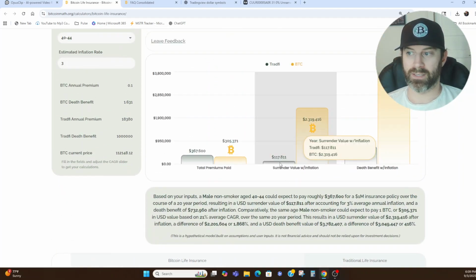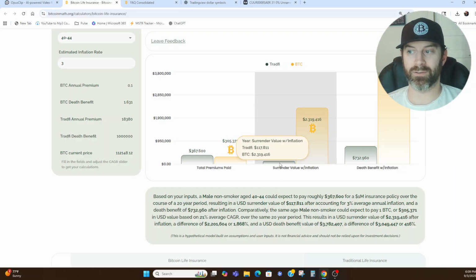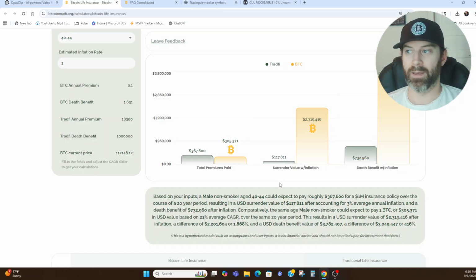Right? This is roughly 1/3 of what I paid into it, right? So after 20 years of paying $367,000 nominally into this policy, well, if I take the surrender value, the value is only going to buy me about $118,000 worth of stuff.